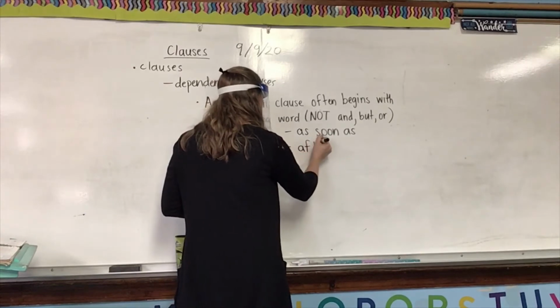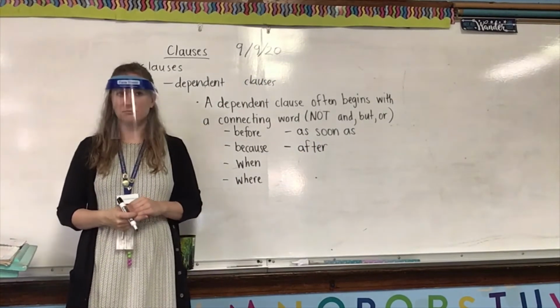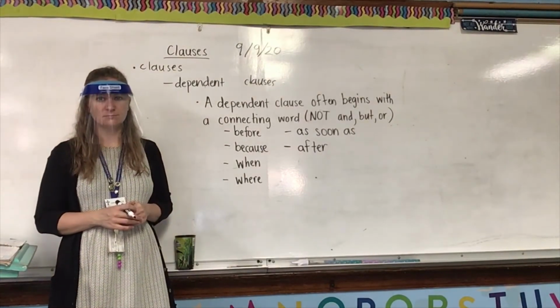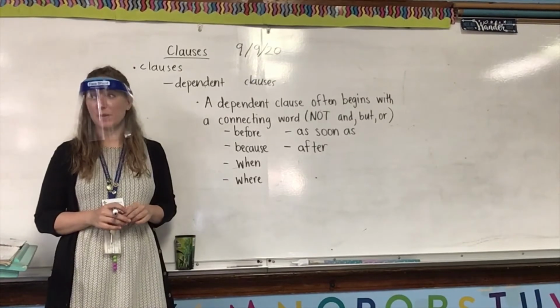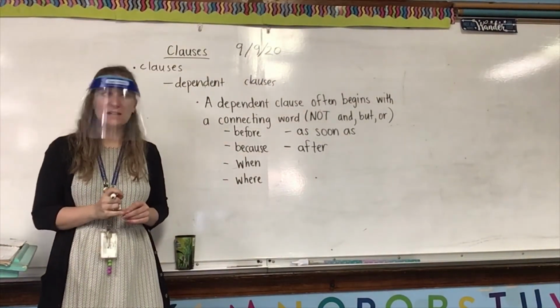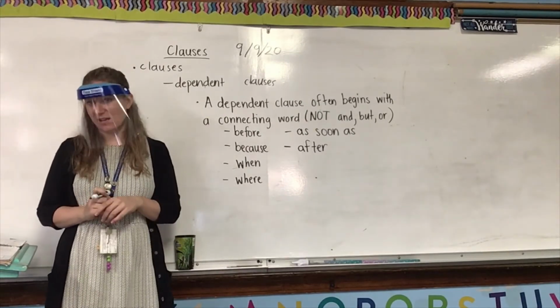Another example, after. If I said after I go outside, do you know why I said after? So it's a dependent clause because I go outside has a subject and a predicate, but if I say after I go outside, it doesn't make sense by itself.